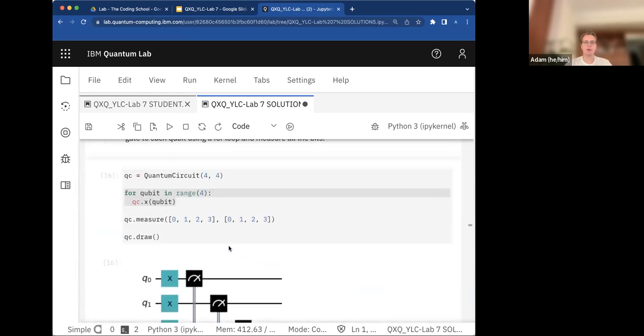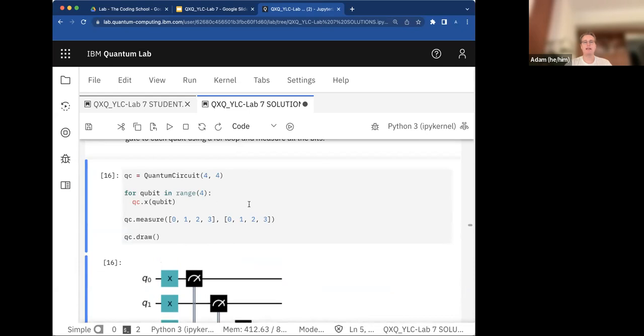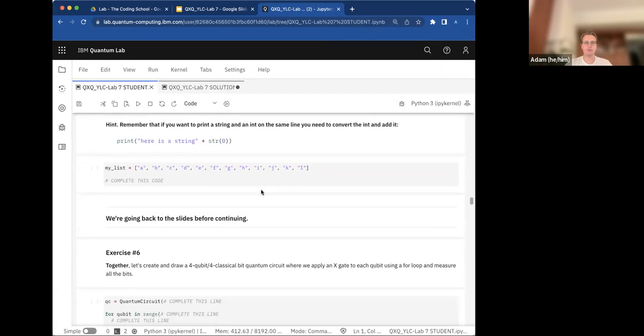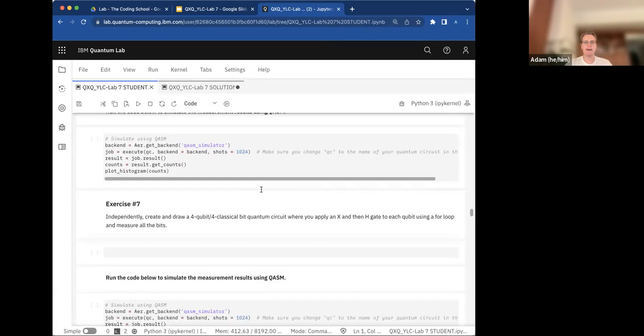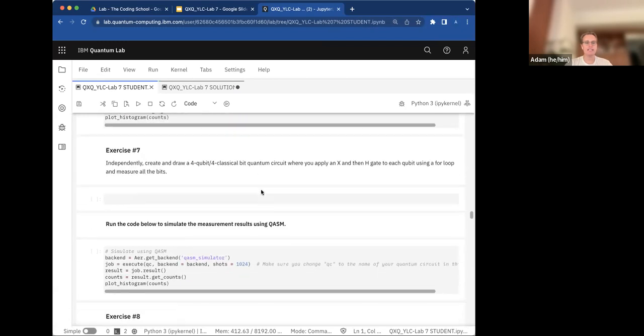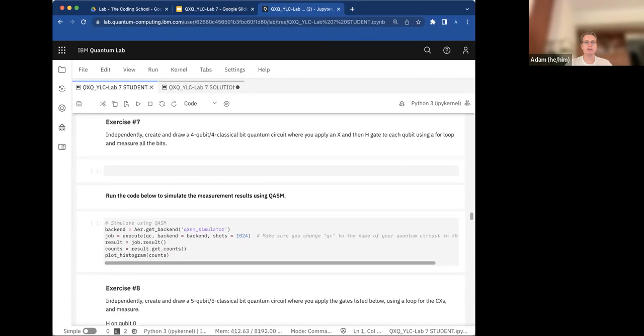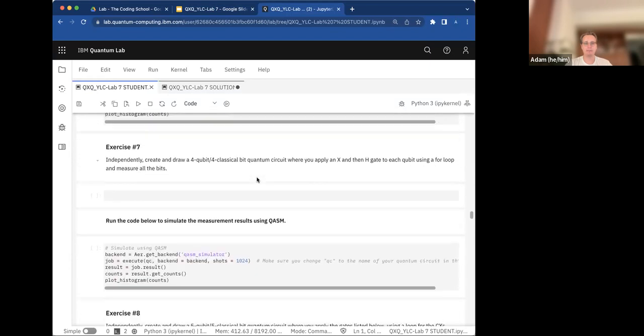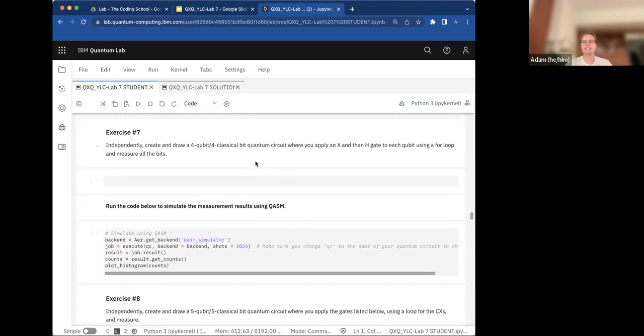Okay, so let's take some time to work on the next few exercises. Starting at, where are we? Exercise 7. So you can go ahead and start at exercise 7 and do that one and the next one. So 7 and 8 here. Give your best attempts to it.